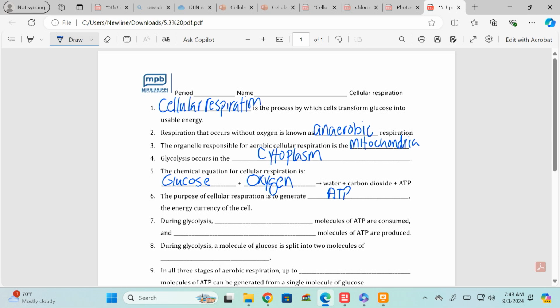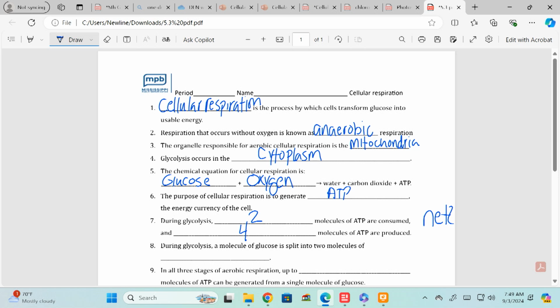So we use 2 molecules of ATP, but we produce 4. And so what we would say is it's a net 2. I'll just write here over to the side so you know. You might have heard someone say net: when we're putting 2 in and getting 4 out, overall we have a net 2 gain.